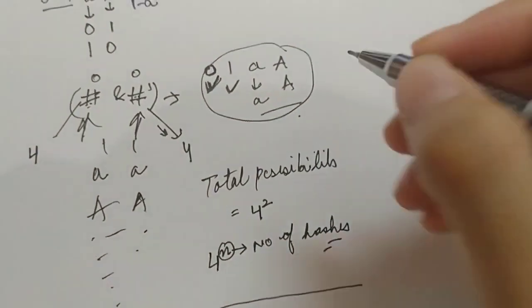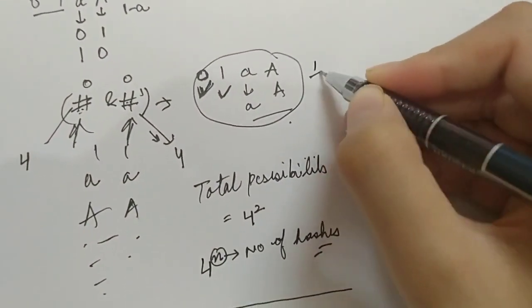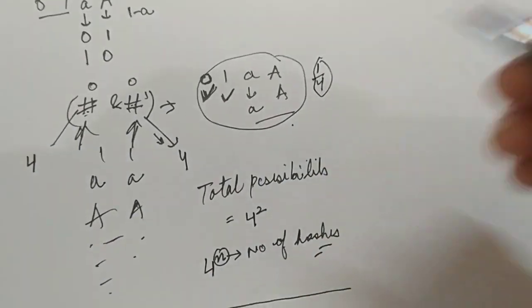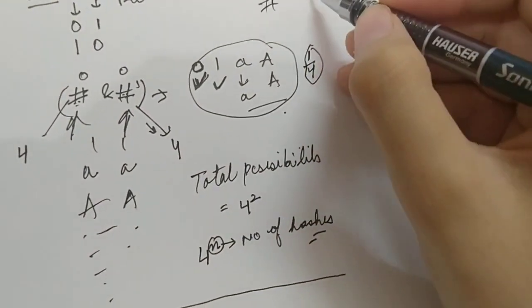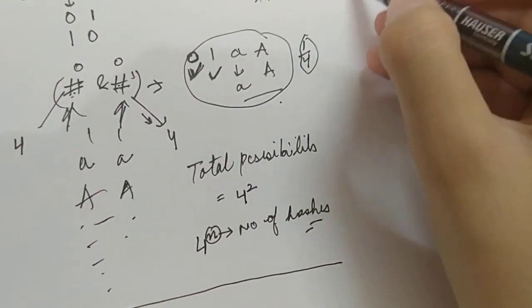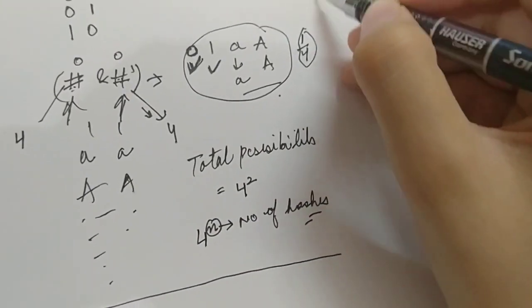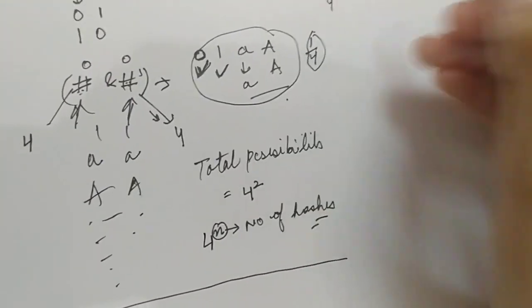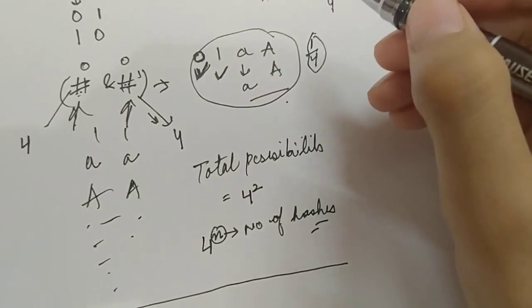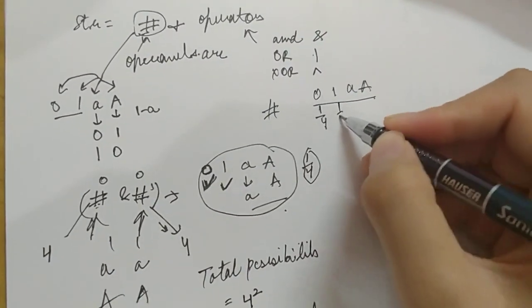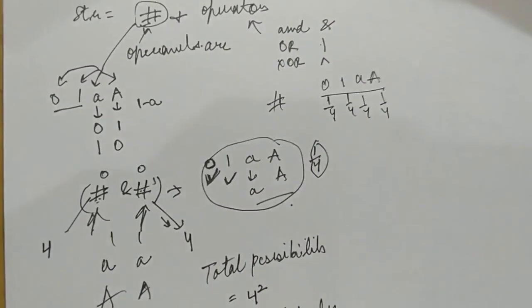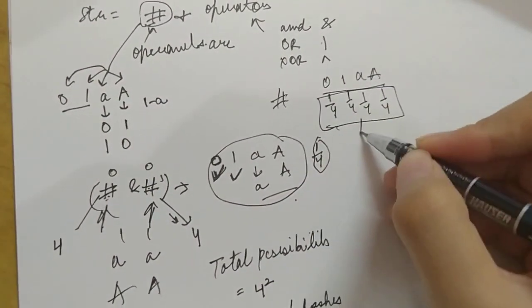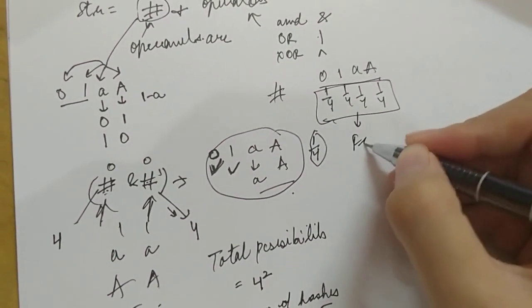Probabilities can be in the form of fractions, obviously. For example, the initial value of hash is where we have to select 0, 1, a and capital A. The probability of selecting them is equal, so these are 1 by 4, 1 by 4, 1 by 4. These are in the form of fractions.